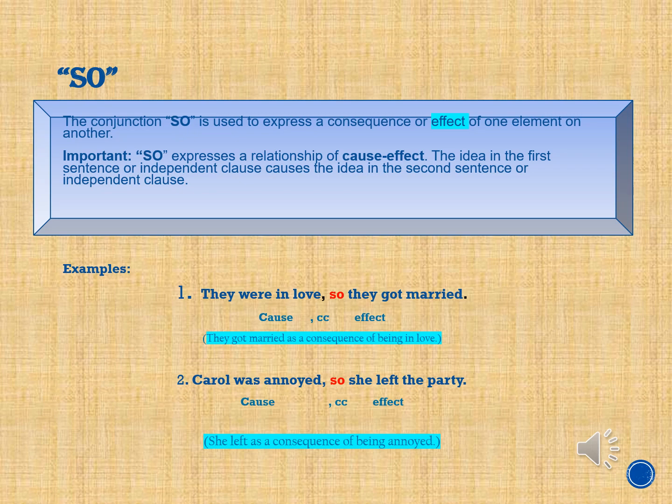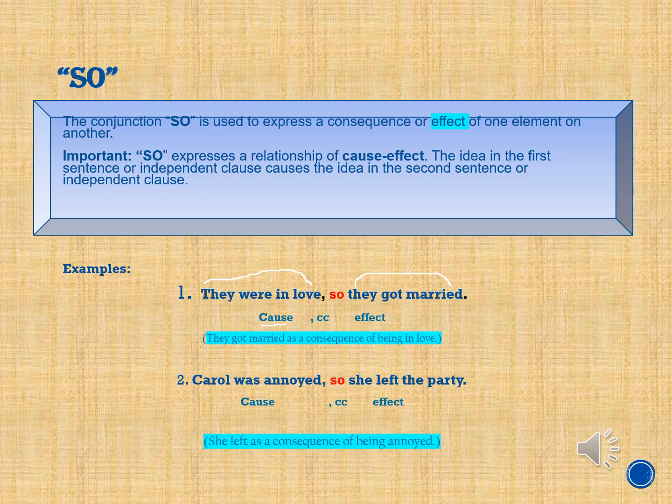So let's take a look at our examples here. Number one, they were in love. So two people love each other, correct? So they were in love is my first independent clause because I have a subject and I have a verb. They is my subject, were is my verb.